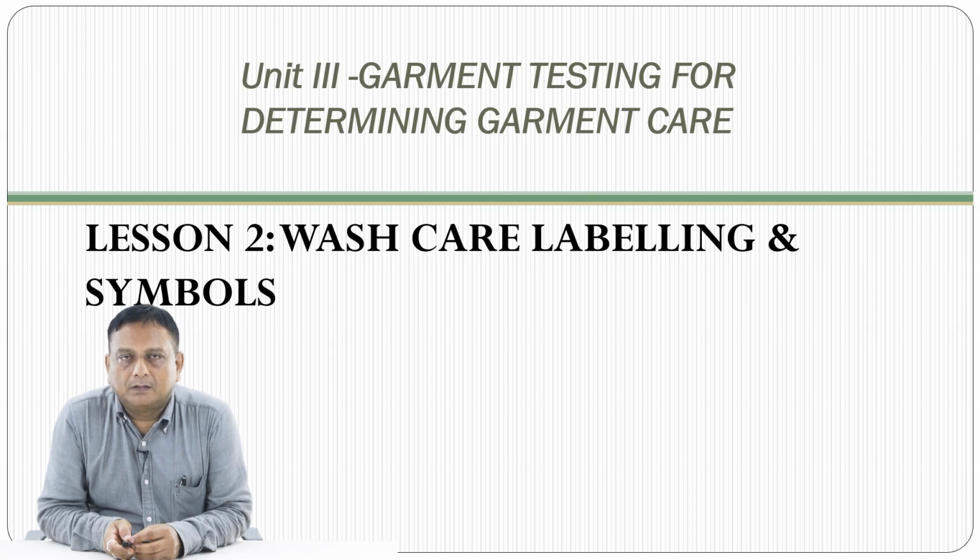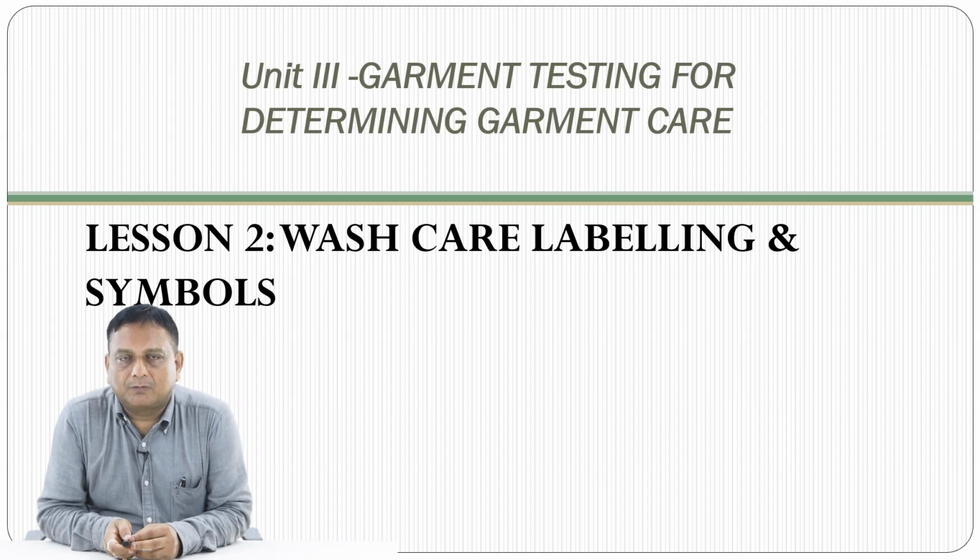And different areas of wash care have different symbols. Those are the things that will be covered here in this lesson 2, and also we will talk about the international system of giving the care label to a garment.